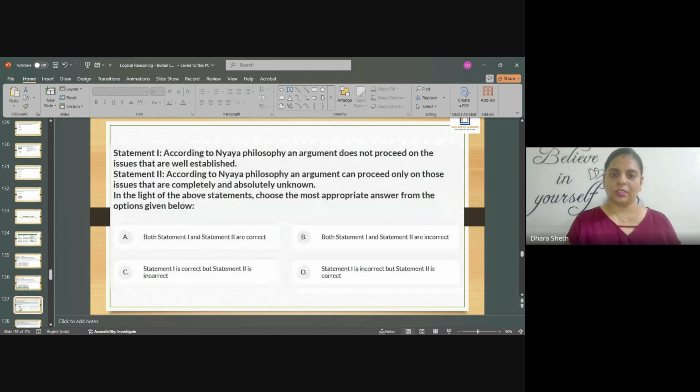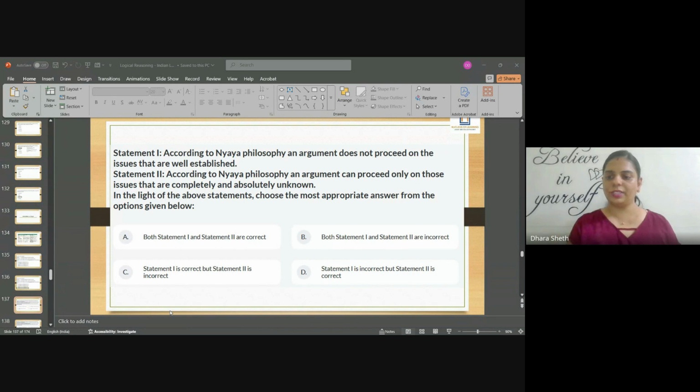Next. According to Nyaya philosophy, an argument does not proceed on issues that are well established. And according to Nyaya philosophy, an argument can proceed only on those issues that are completely and absolutely unknown. Which one is true, which one is false? I have explained it in the beginning.